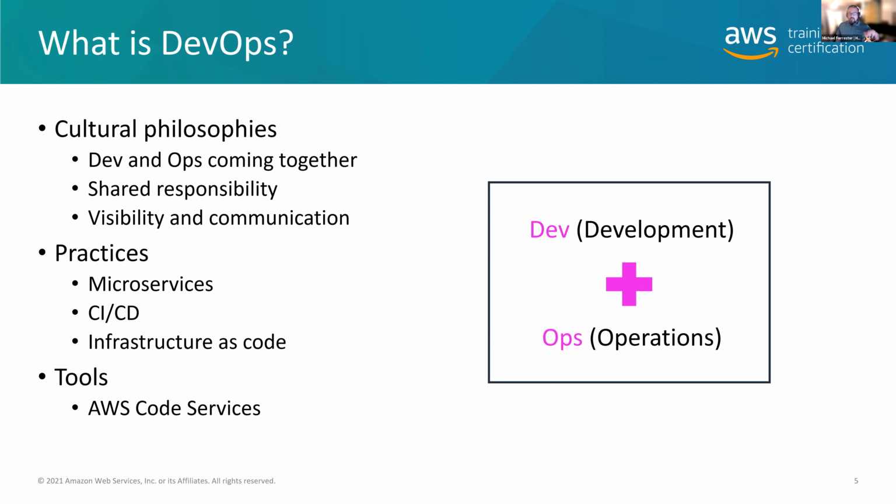But as a cultural battle cry, the focus is on how we create connections with people. From a process standpoint, it's about design patterns like microservices, CI/CD, and infrastructure as code. And from a tooling standpoint, it's about using the tools that your team is familiar with, but that also enable things like infrastructure as code, CI/CD, microservices, etc.